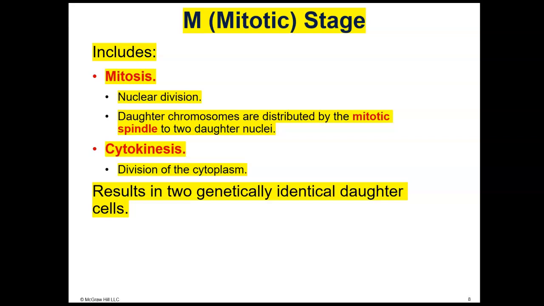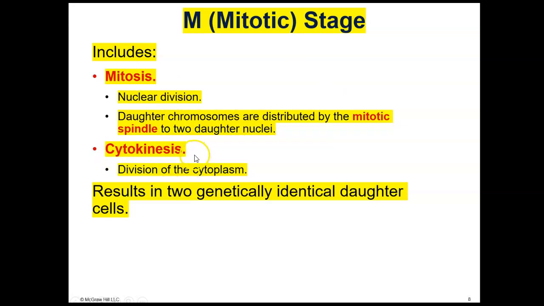So it's nuclear division, and the daughter chromosomes are distributed by the mitotic spindle, the spindle assembly, which consists of the microtubules, also known as spindle fibers.